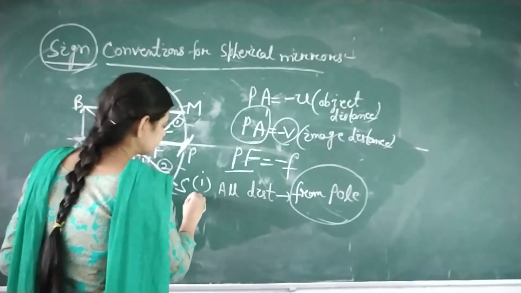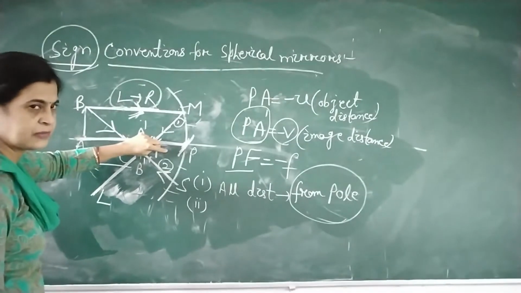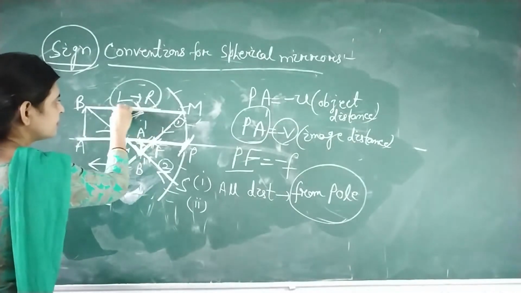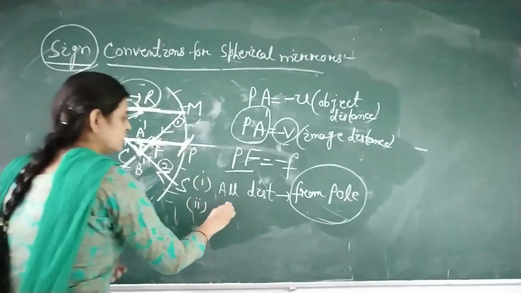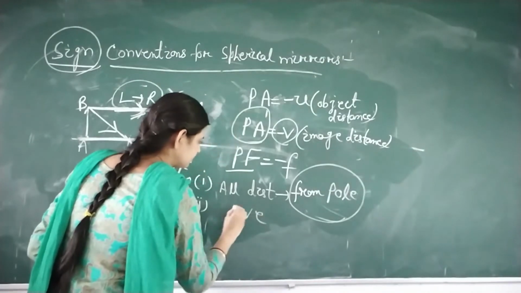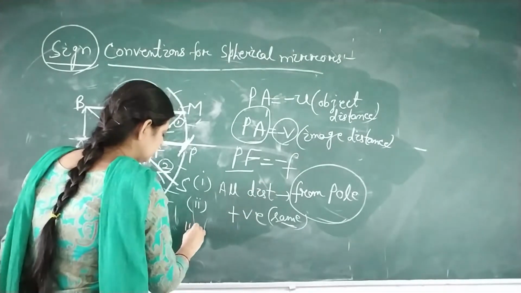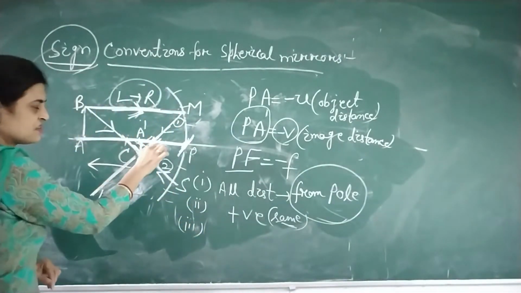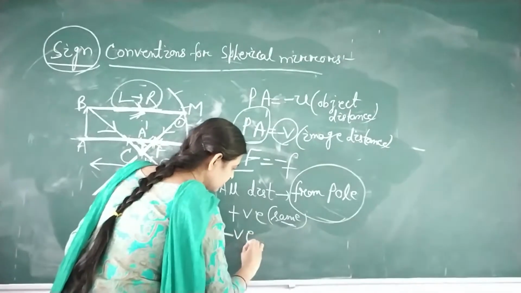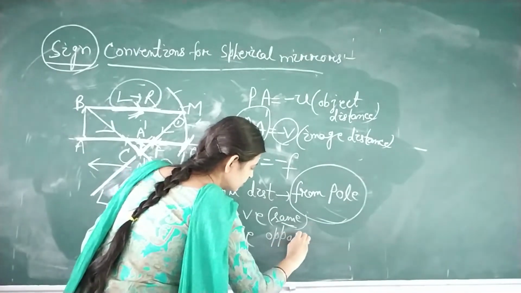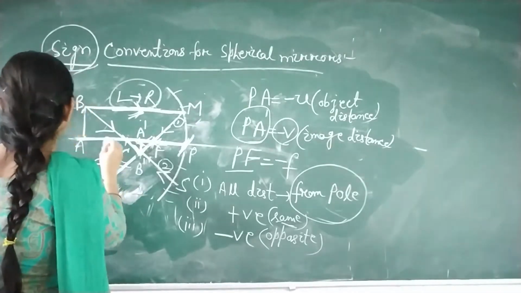Second point, the distance measured in the direction of the incident ray will be positive. Same direction as the incident ray. Third point, the distances measured in the opposite direction of the incident ray will be considered negative.